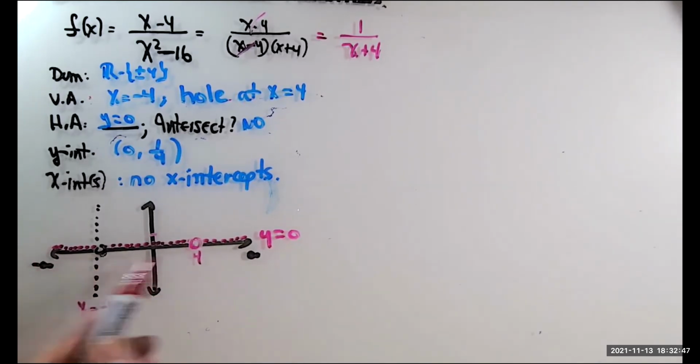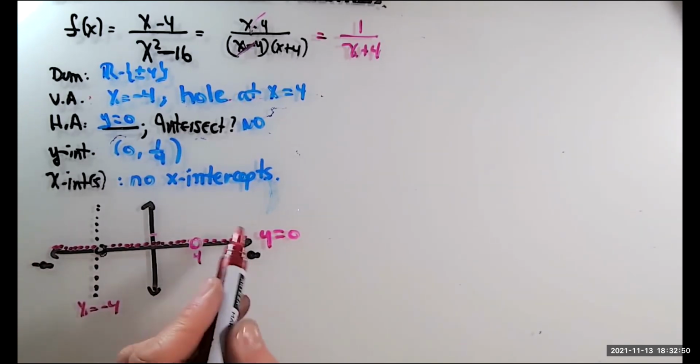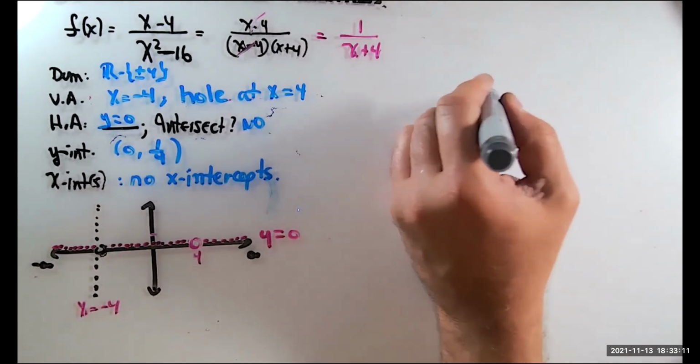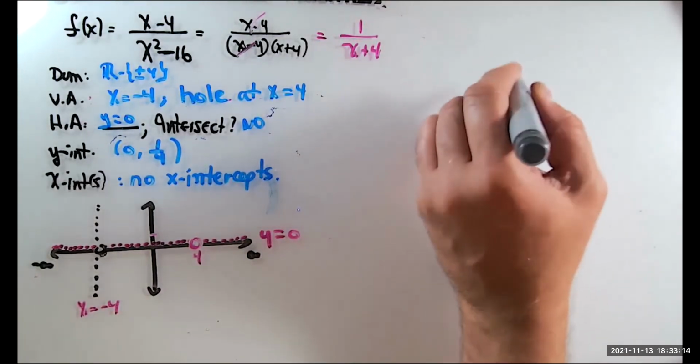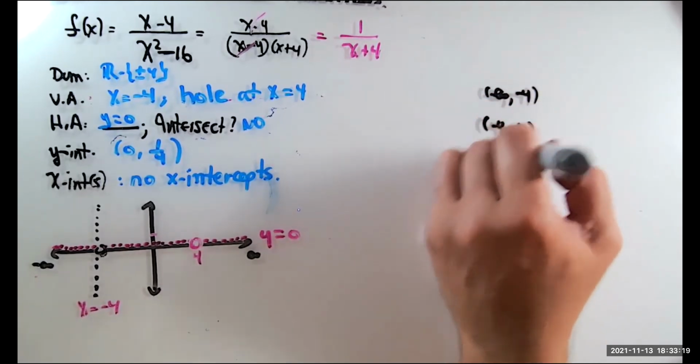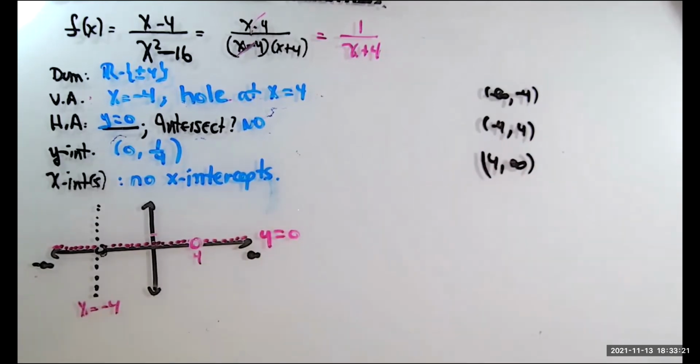We know that y equals 0 is my horizontal asymptote, and I will never intersect it in this example. And I don't have any x-intercepts. So what are my intervals? Negative infinity to -4, -4 to 4, and 4 to infinity.